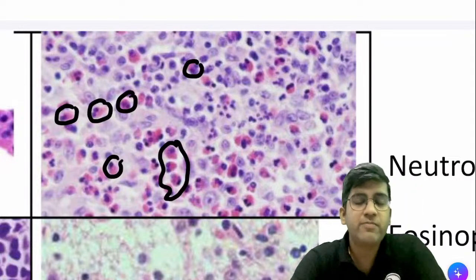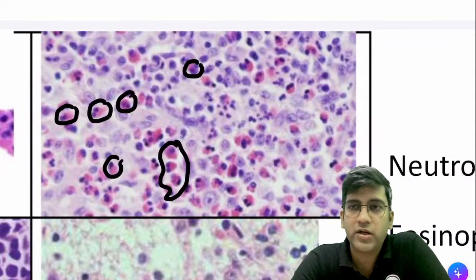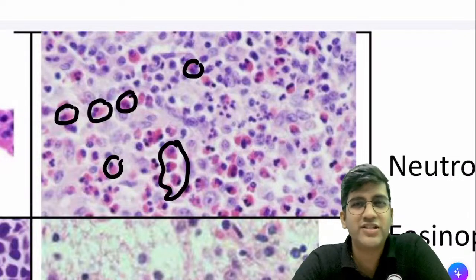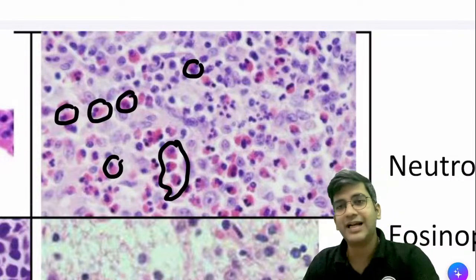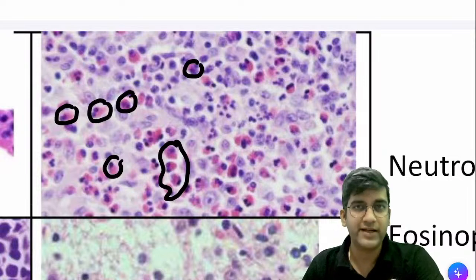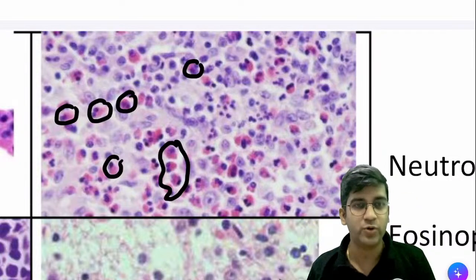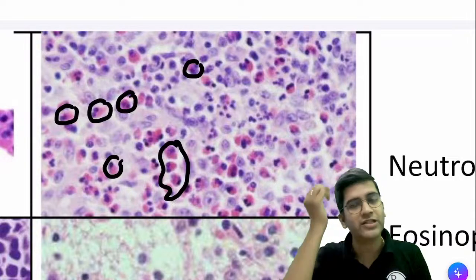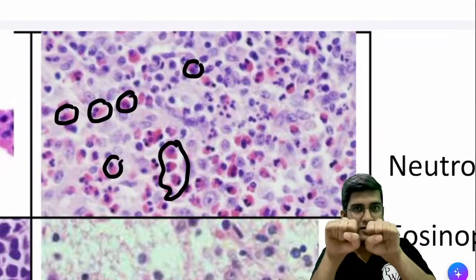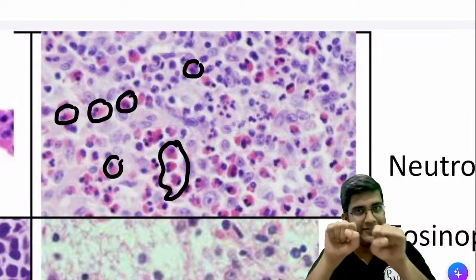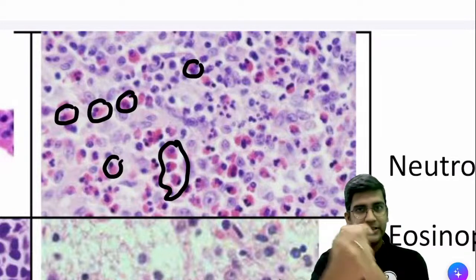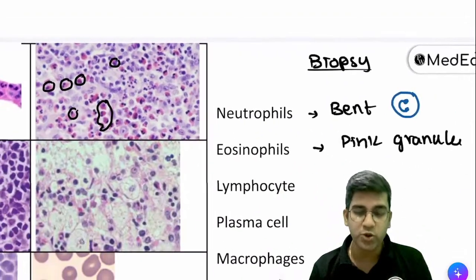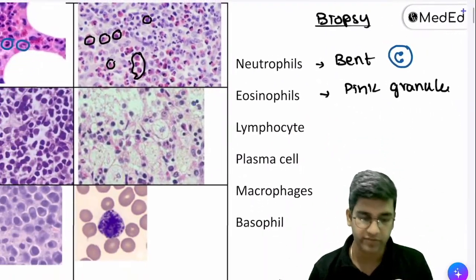Now, if you remember your first year or very early days when you read about physiology and blood cells, you must have read that the eosinophil is bilobed, spectacle shaped or headphone shaped nucleus. In a biopsy, don't expect that. You won't see that for the simple reason, this is spectacle, right? If I cut it like this, I will see two lobes. If I cut it like this, you will see only one lobe. So don't go with the lobe for an eosinophil. Always go with granules in a biopsy for an eosinophil, right?